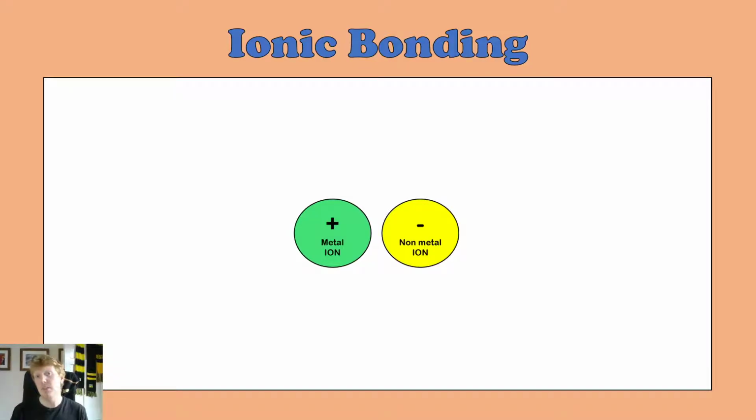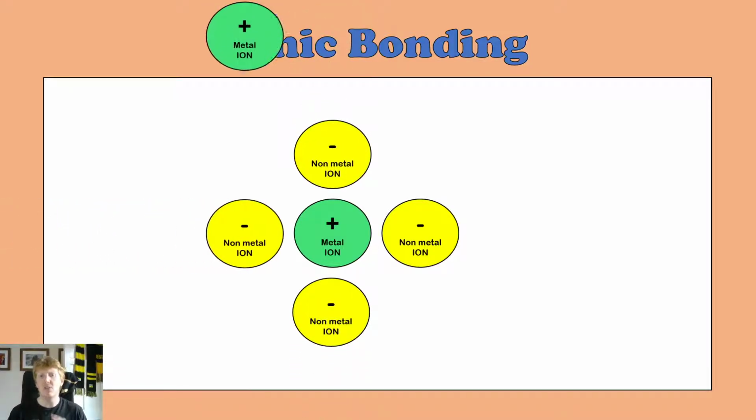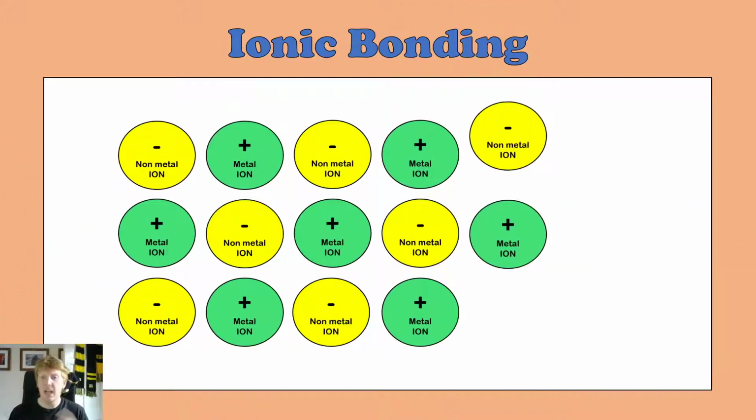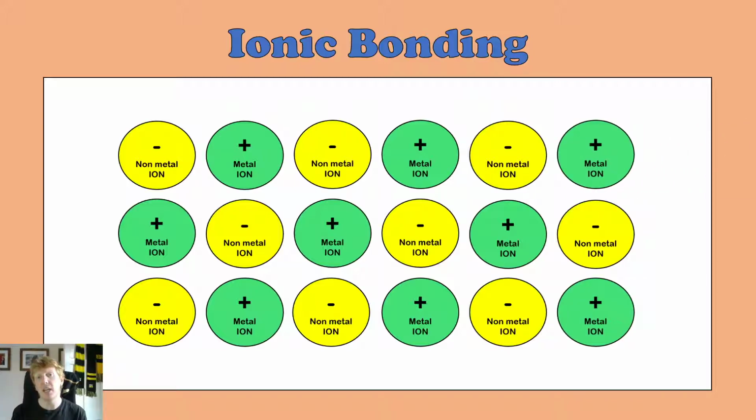And so what happens in ionic bonding is they form these structures here where more and more ions, positive and negative, come in and they form this regular pattern which we call a lattice. And you can see each positive metal ion is completely surrounded on all four sides by negative non-metal ions, and each negative non-metal ion is surrounded on all four sides by these positive metal ions, right?